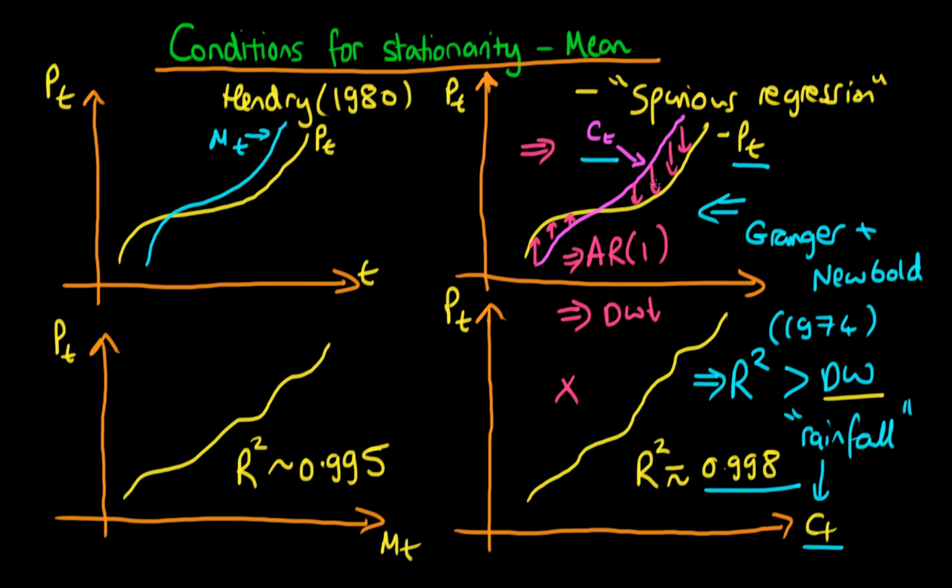That's very symptomatic of having two non-stationary variables regressed on one another. So the Granger and Newbold method is a nice rule of thumb for detecting whether you have actually uncovered a true relationship between two variables, or whether it is what we call spurious. The word spurious means that there is no relationship between these two variables. They're completely independent of one another.